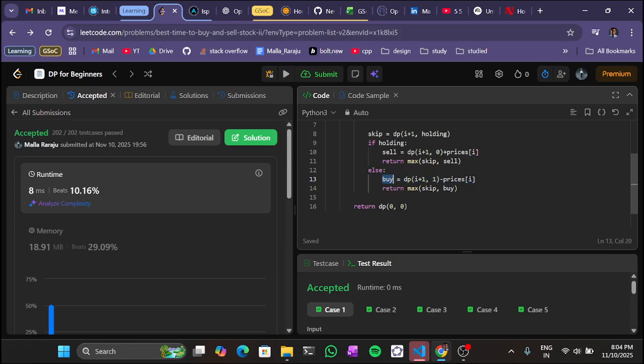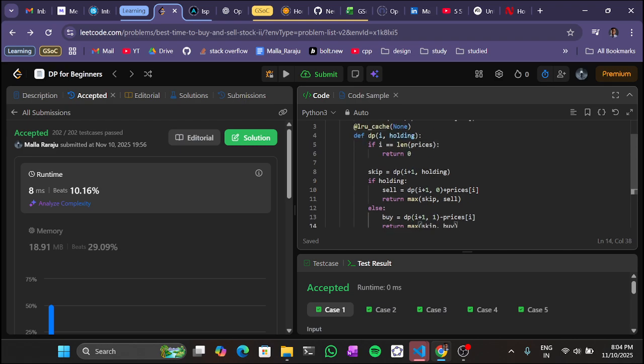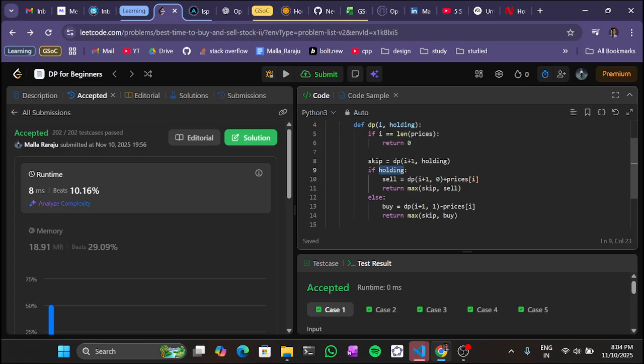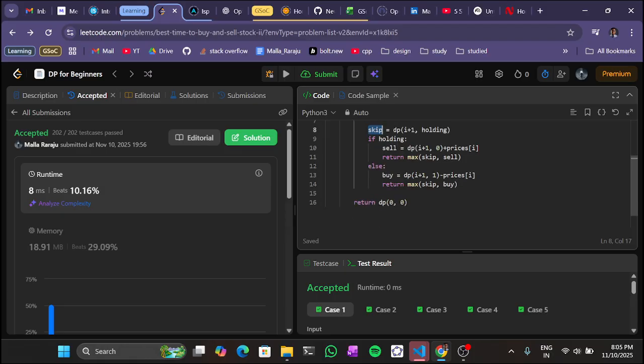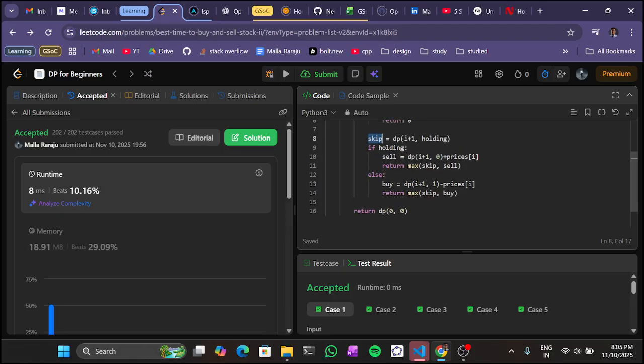Since we are buying it, we are holding 1, and in the next step we can hold or skip. So two choices at each step: skip or sell, skip or buy.